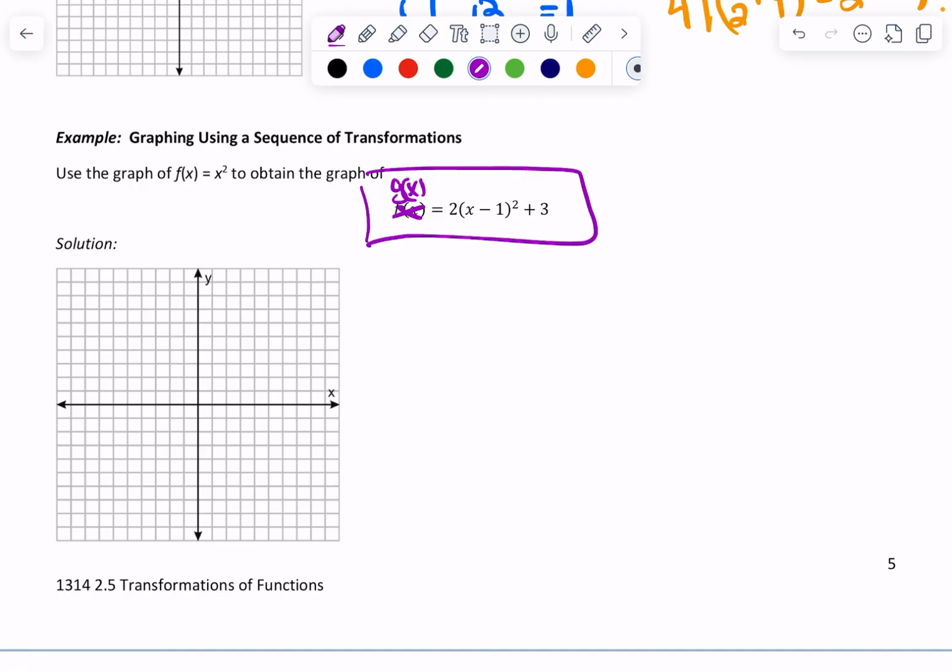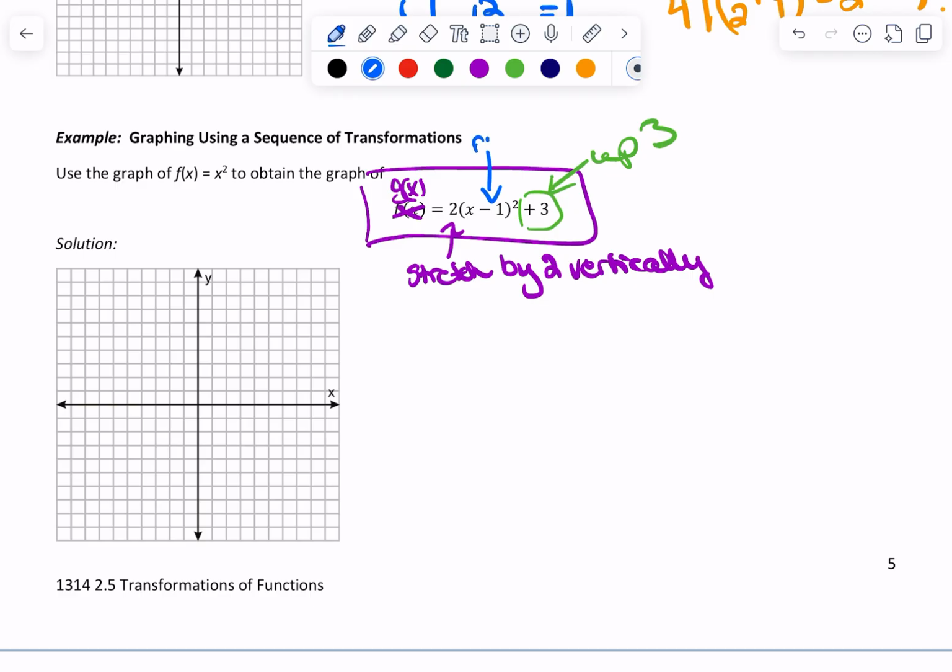If we look at what all is on here, this number 2 in front means we are stretching by 2 vertically. The plus 3 here means that it's going up 3, and the minus 1 means that it is going right 1.